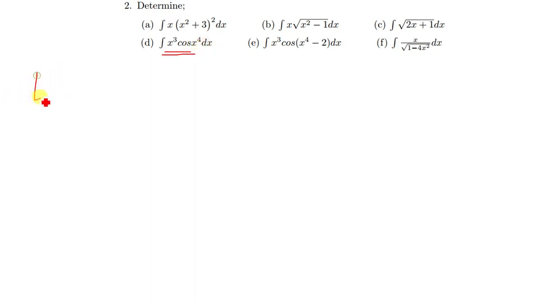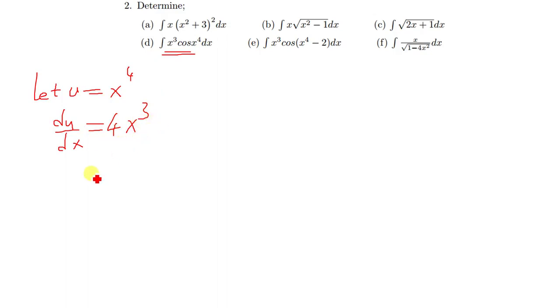So I'll say let u be equal to x to the power 4. So meaning my du dx is going to be equal to, when I differentiate this, I'm going to have 4x to the power 3.